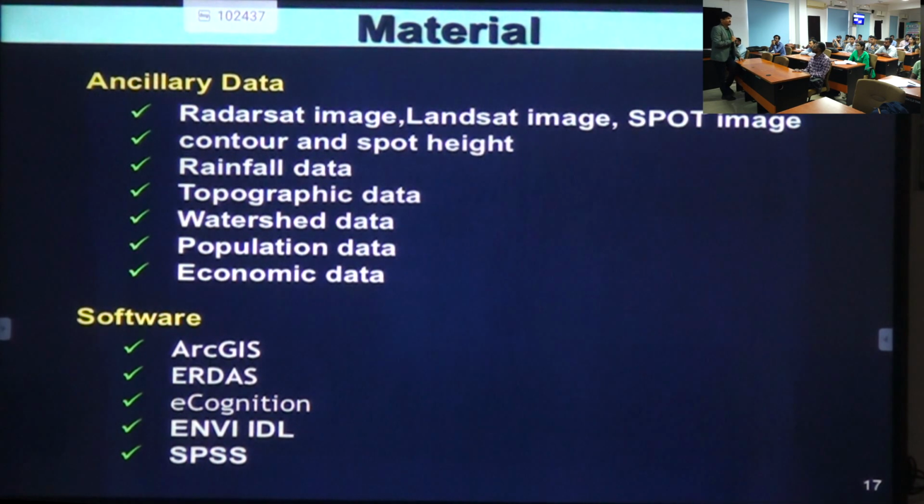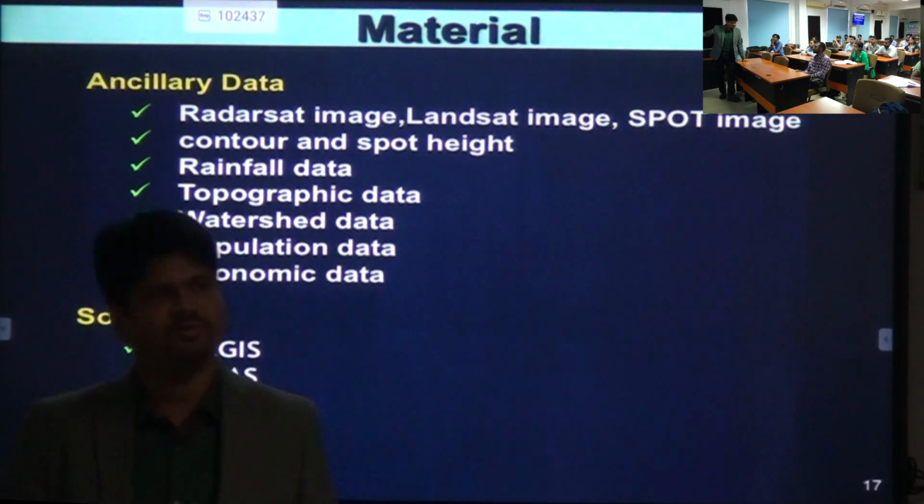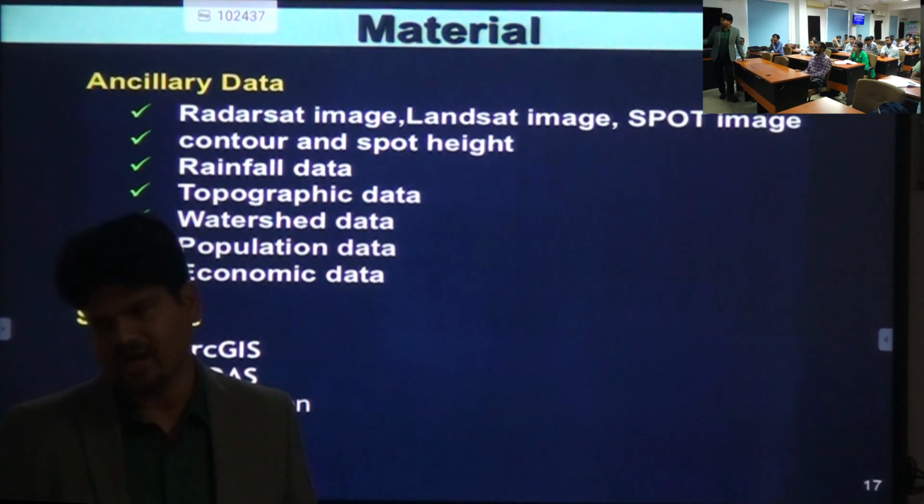Rainfall data, obviously you need because we are dealing with floods. Topographic data also, watershed data also, population data, that is what you need for your risk assessment. Then economic data. Obviously, what I'm showing you is a very old project that we did, but I think right now here also it's very hard to get individual GDP data. Household income I think is very hard.